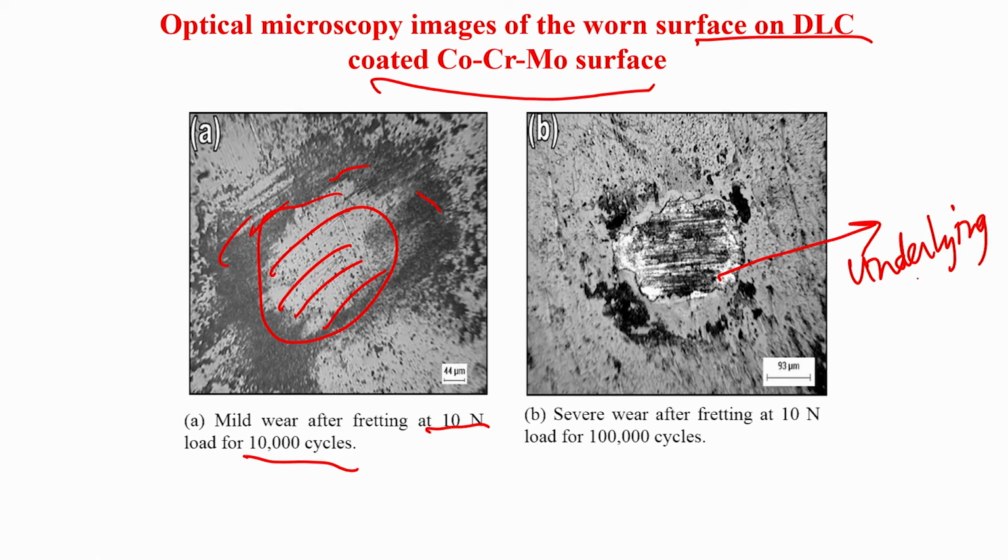What it means is that this coating can survive only less than 100,000 cycles. After 100,000 cycles, you can clearly see that the coating gets peeled off, or gets abraded away, exposing the underlying surfaces to wear, which is not desirable. So, these kinds of fretting wear experiments are very useful to quantitatively evaluate the durability of these coatings under tribological conditions.